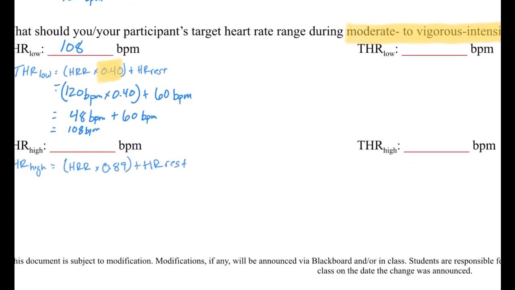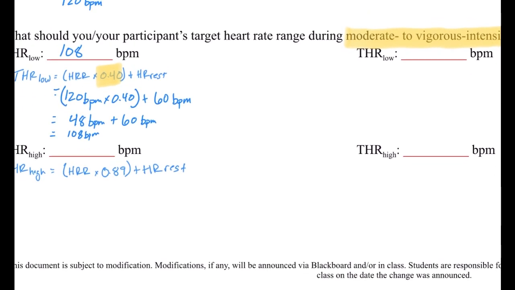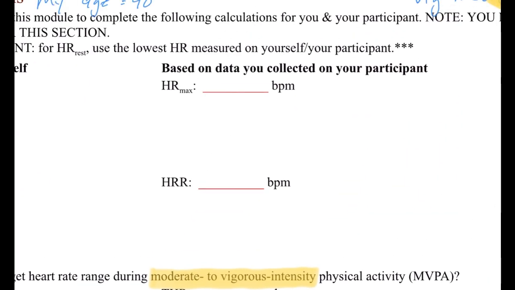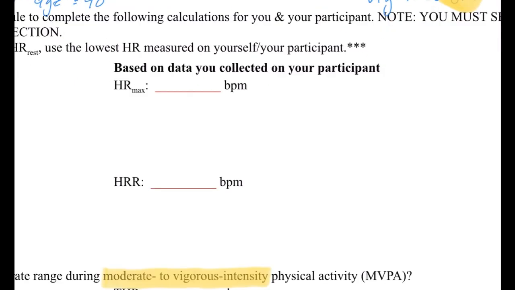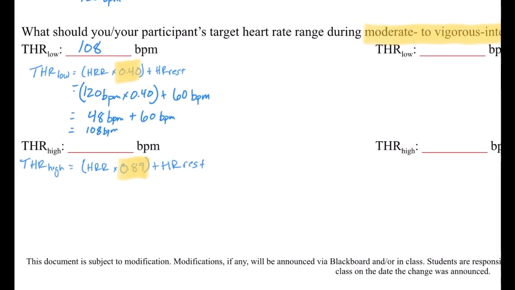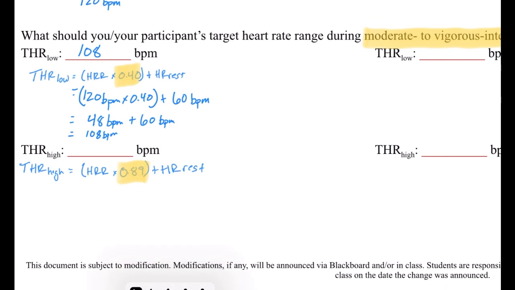All right, down here, next step, target heart rate high. I'm going to use the 89% value here. So that 89% value up here is what's giving us this 0.89 number down here at the bottom.